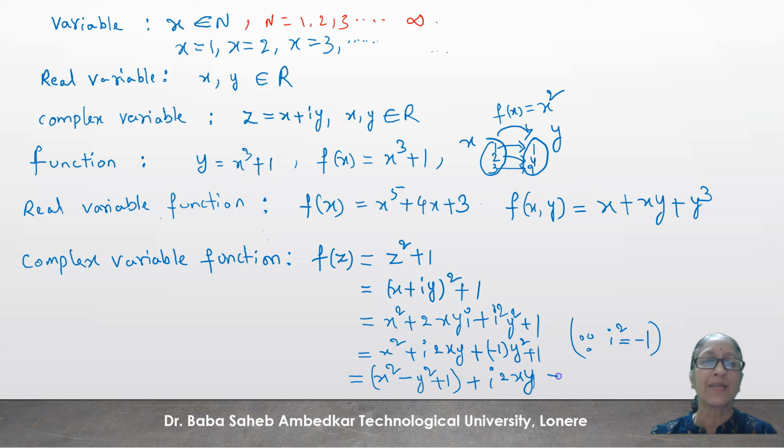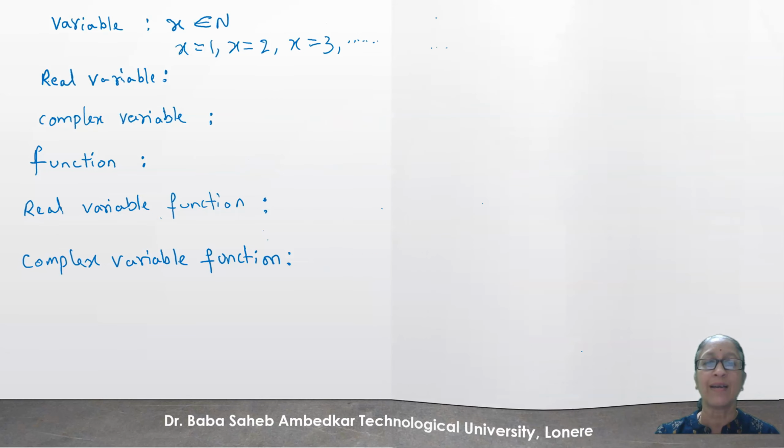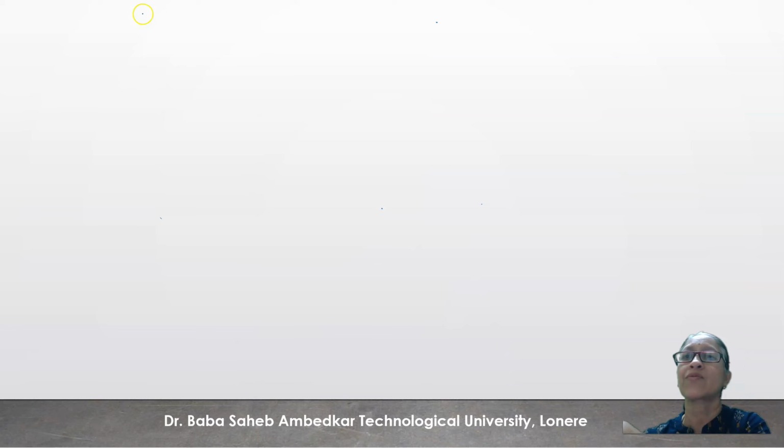Now this is equal to u plus iv, where u equal to x square minus y square plus 1 and v equal to 2xy. Then f of z equal to u plus iv is complex variable function, and u is function of xy and v is function of xy. So we can write f of z equal to u plus iv.